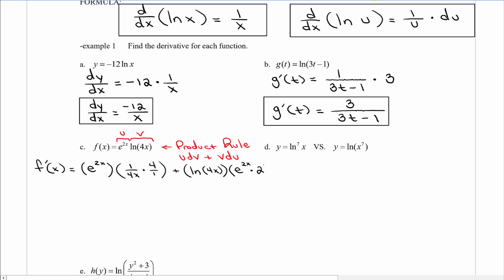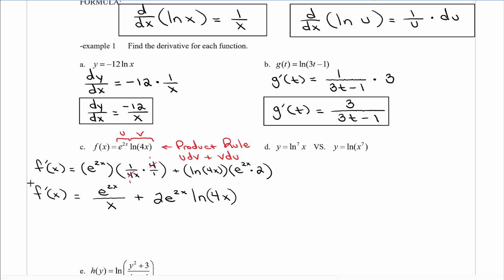Now let's simplify this out. f prime of x equals, here the 4's are going to divide out and give us 1. So we will have e raised to the 2x over x plus, over here, we can definitely move that 2e raised to the 2x up to the front. So it'll be 2e raised to the 2x times the natural log of 4x. And we can now box that in. And that's going to be our answer.